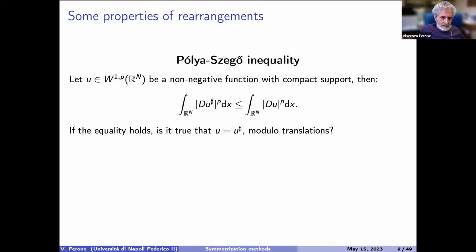But in what I am saying here, I will never change the sign. So I will take the rearrangement by using the modulus. Non-negative here is just to say that u sharp is in any case a positive function.